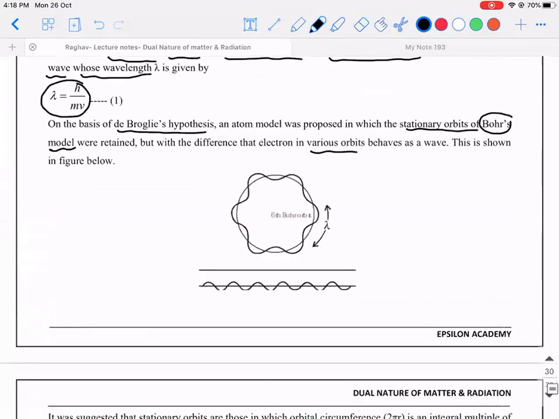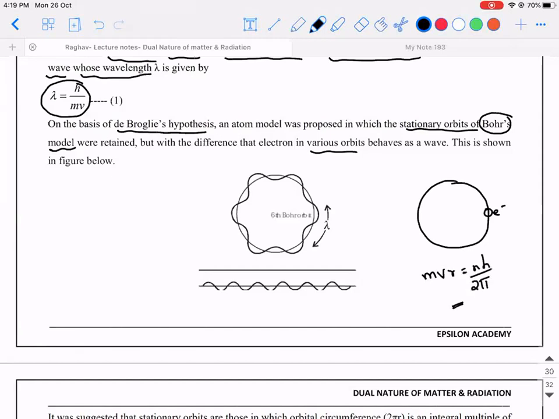So what they're trying to say is, you know Bohr's quantization condition. There are different models of atoms that were proposed. First, it started with Thomson's model, where it was plum pudding, which we are going to see in the next chapter. Or it's a watermelon model. Then came Rutherford's model. Then came Bohr's model. In Bohr's model, there is an important point that he has given: electrons will revolve only in those orbits where the angular momentum is quantized, that is, mvr is equal to nh by 2 pi.